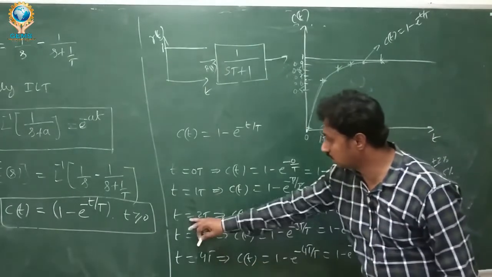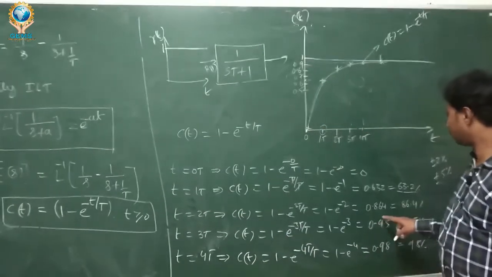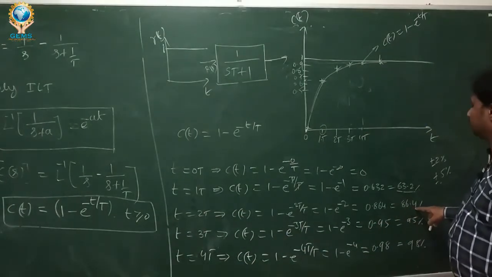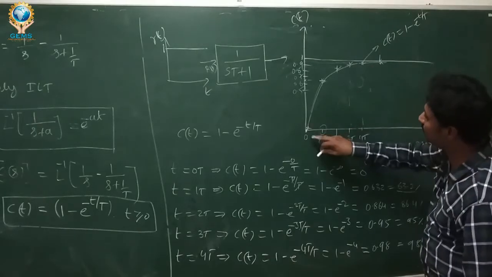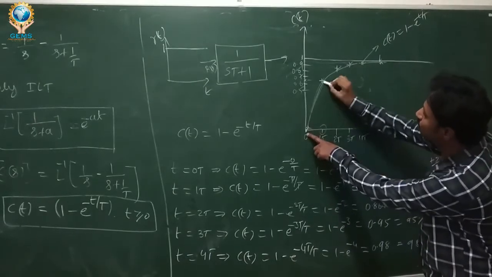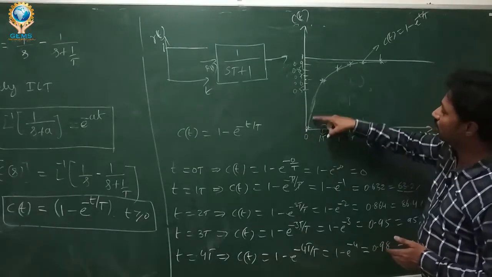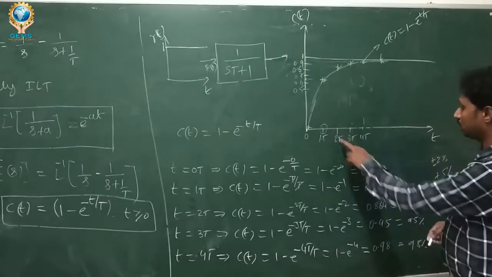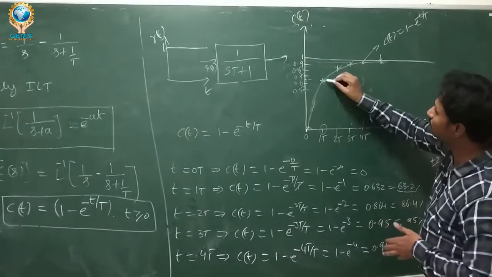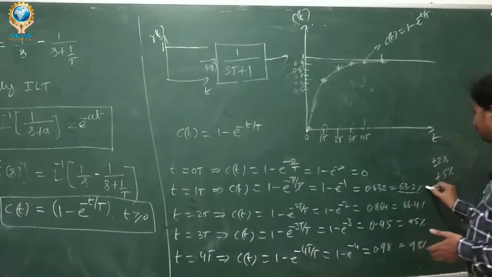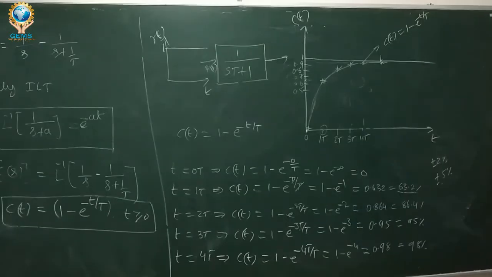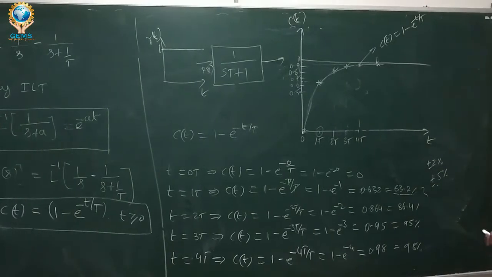Now check t equal to 2T. What is the response? 86. So what is the difference? From here to here, there is a huge increment. Between 1T and 2T, only around 23% is increased, right?